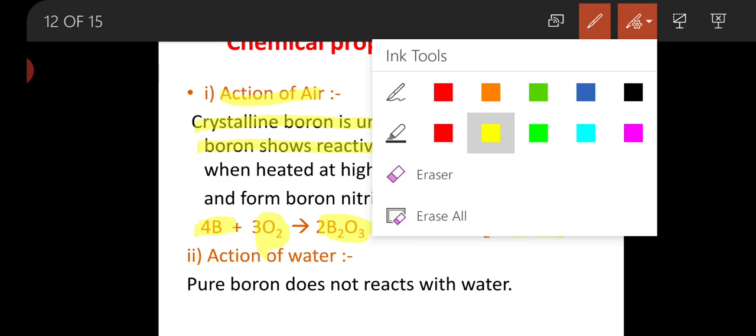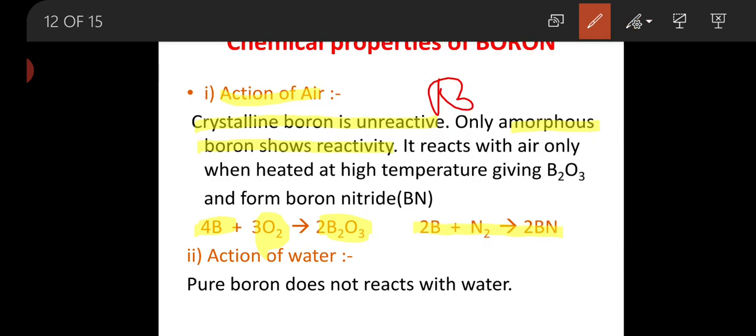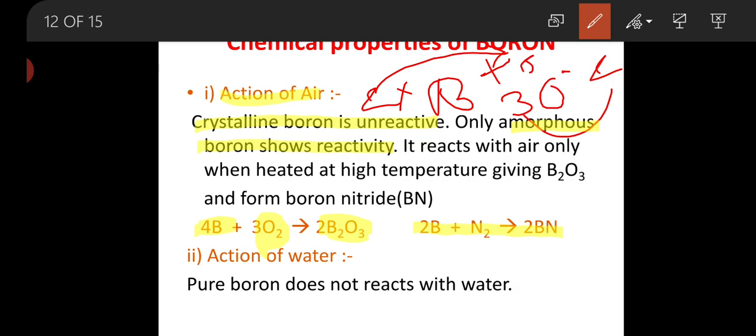What is the valency of boron? Boron valency is +3. Oxygen valency is -2. So crossing the numbers, boron is considered as 2, 2 times 3 is 6, and oxygen 3, 2 times 3 is 6. So comparing this, boron oxide is formed.